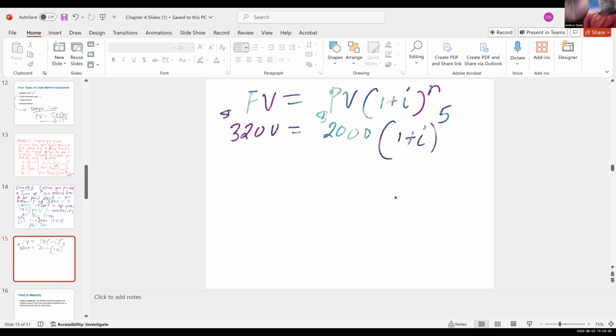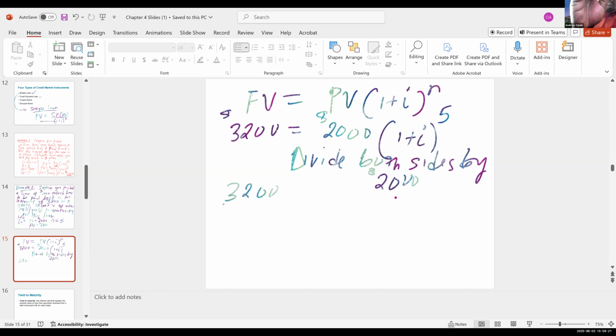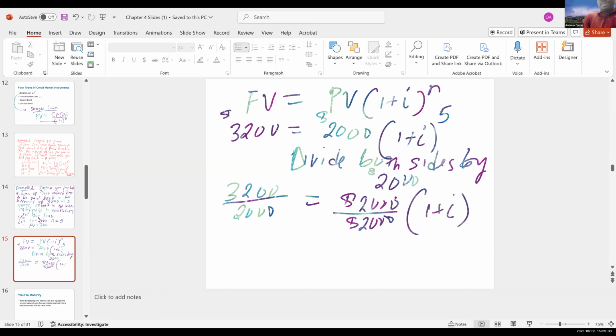Okay? So the first thing we're going to do, we divide both sides. In an equation, what you're doing on the left, you must do on the right. Divide both sides by $2,000. If you do that, the left-hand side becomes 3,200 over 2,000, must equal $2,000 divided by $2,000 times (1 plus i) raised to the power n.